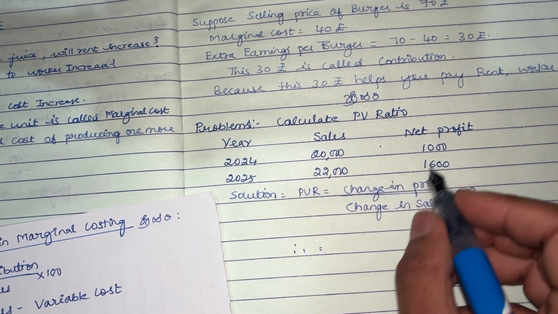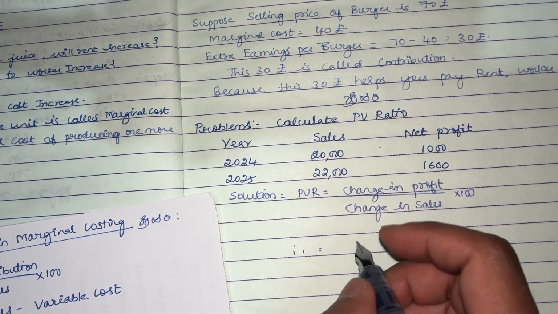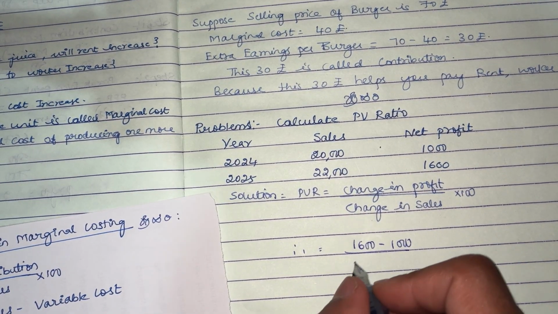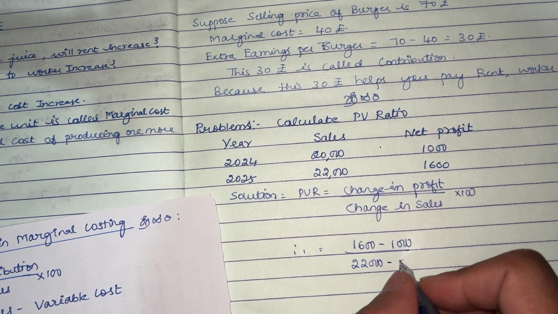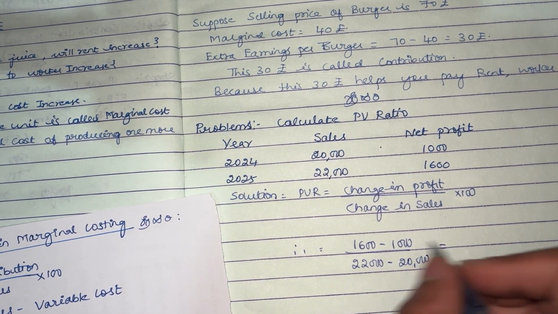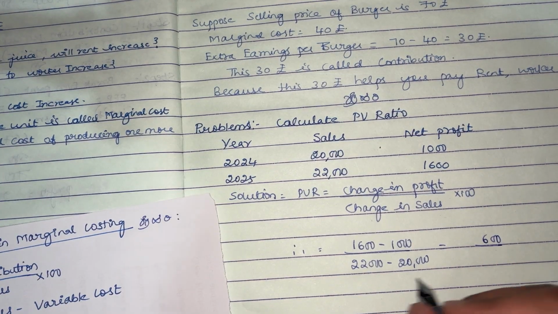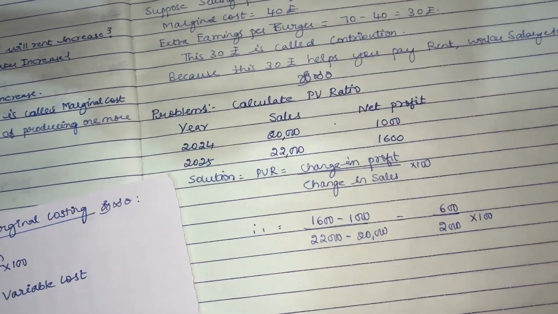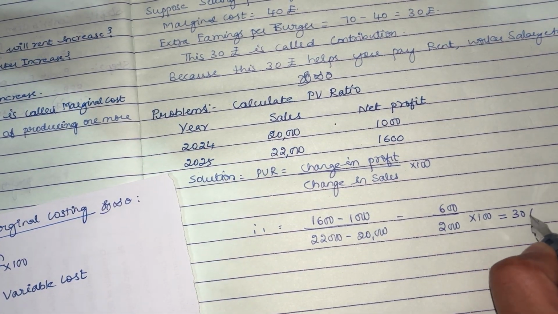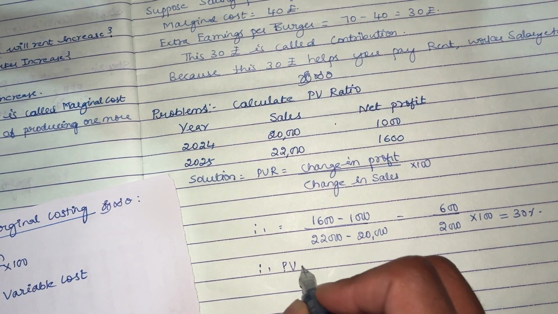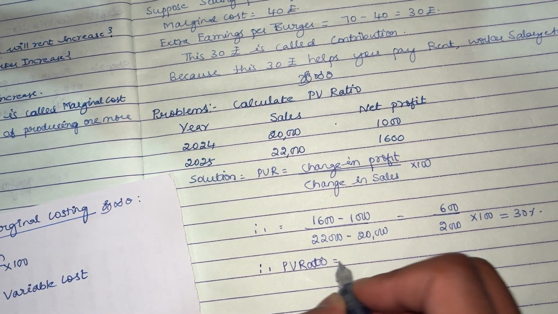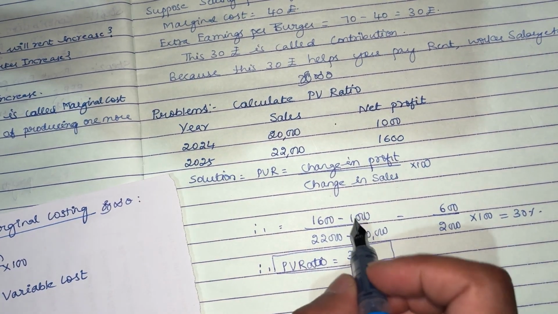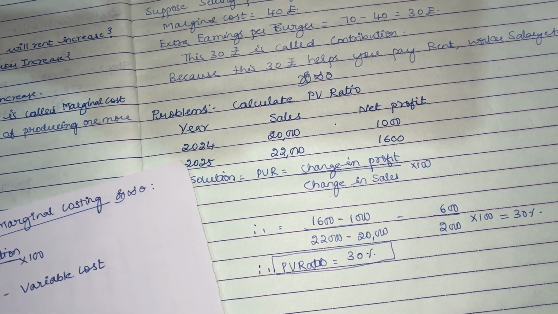Change in profits is 1,600 minus 1,000 rupees, and change in sales is 22,000 minus 20,000 rupees. So 600 divided by 2,000 into 100. So PV ratio will be 30%. Therefore PV ratio equals 30%.